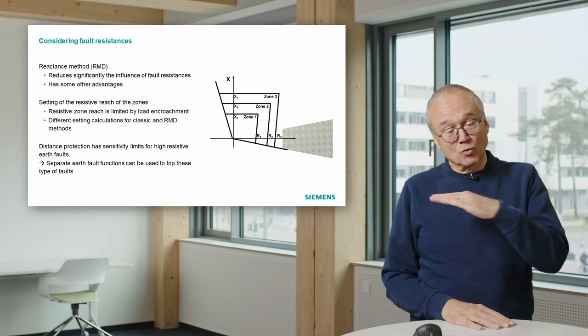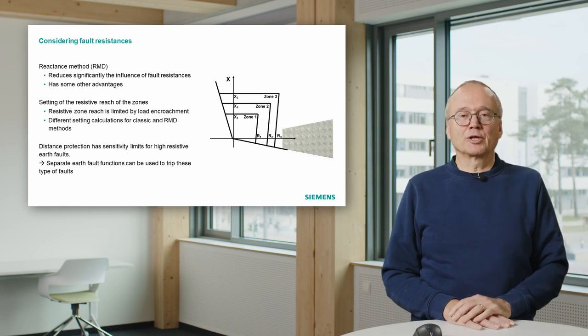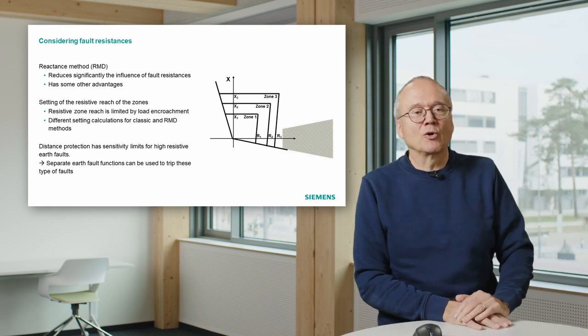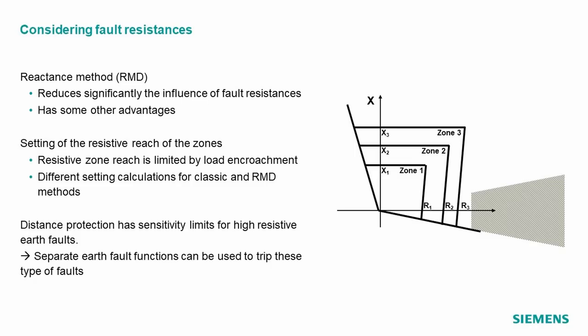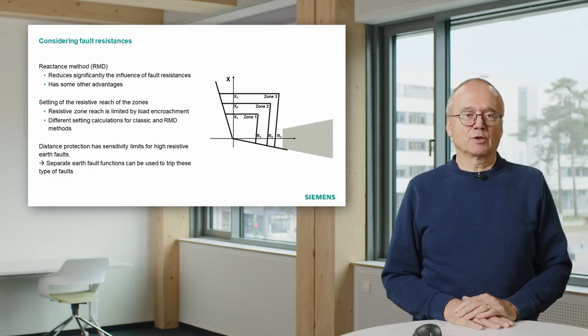That means they would move the measured impedance not only to the right, but also up or down. This can be avoided by activating the reactance method in a distance relay. So it reduces this influence. Theoretically, it cannot reduce it to zero, but for practical applications, it's okay. And besides that, it also has some other advantages.